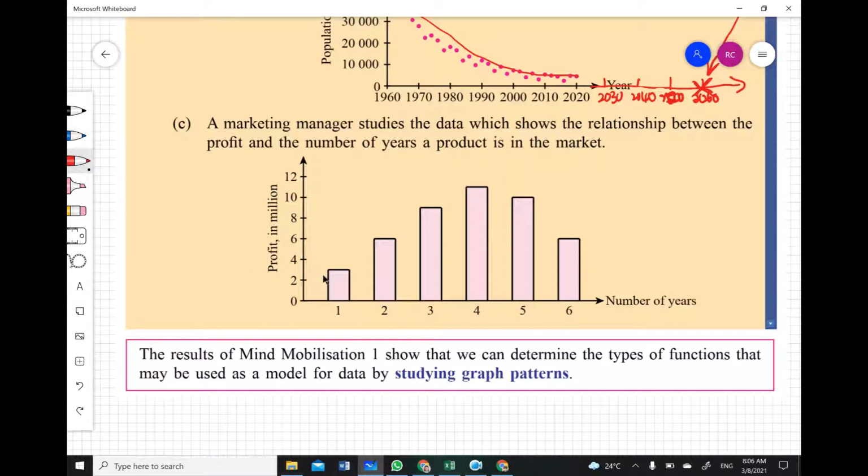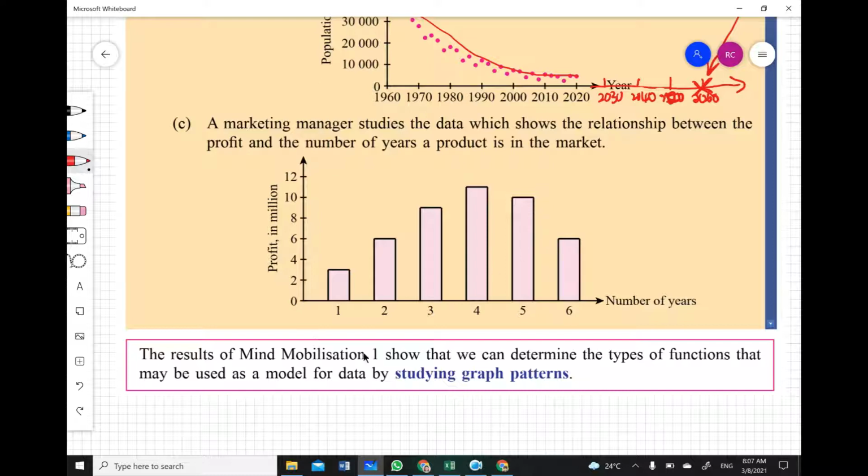So first year, the profit is very little, about 3 million. And then second year increase, third year increase, fourth year is the highest, and then it goes down again. So what kinds of graph is this? Quadratic. Yes, correct. This is a quadratic graph. It goes up, after that it goes down after a certain time.